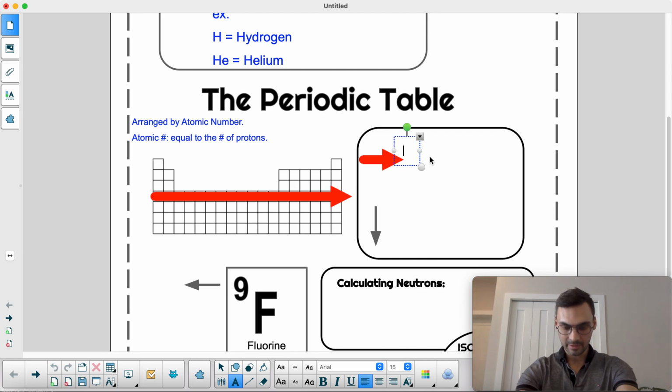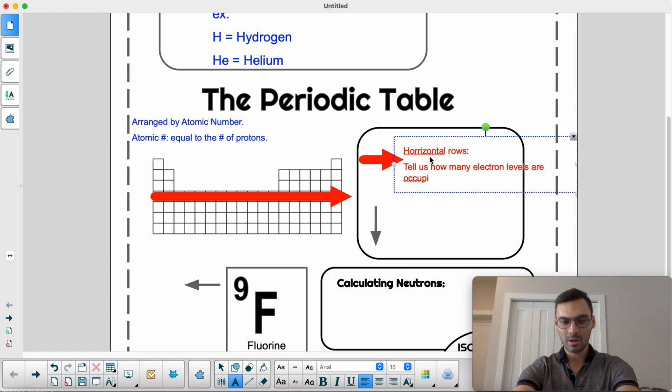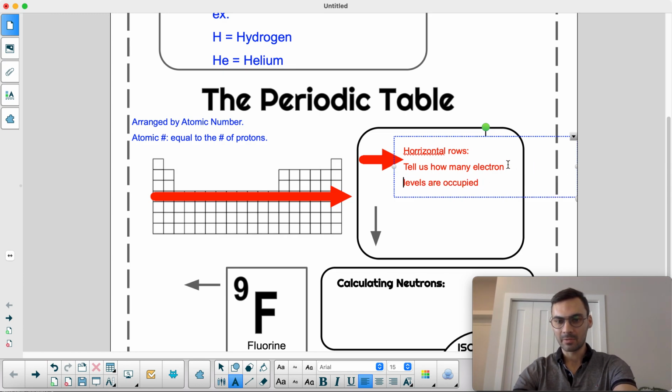Let's get that over here. Horizontal rows, and they tell us how many electrons, or electron levels, are occupied. Now again, for now, don't worry too much about what this means. We will get there. But we need to know that what these are called are periods.